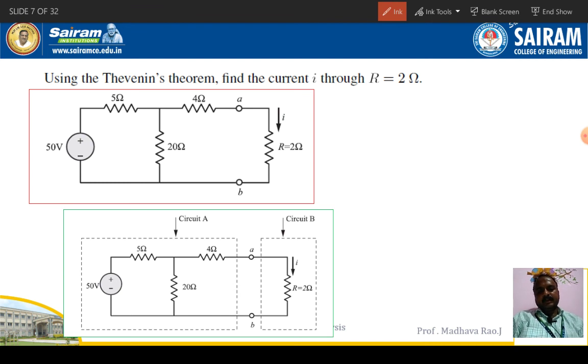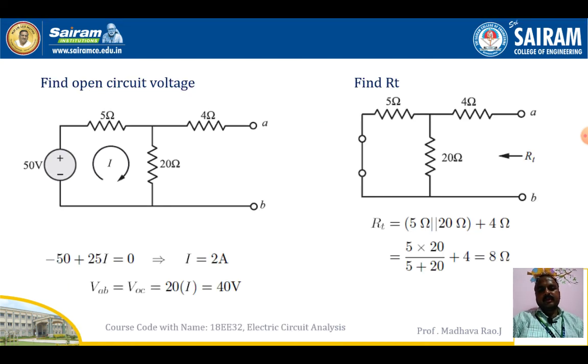Then apply KVL and find the open circuit voltage. Applying KVL, we get the voltage across the AB terminal, that is, the open circuit voltage is 40 volts.